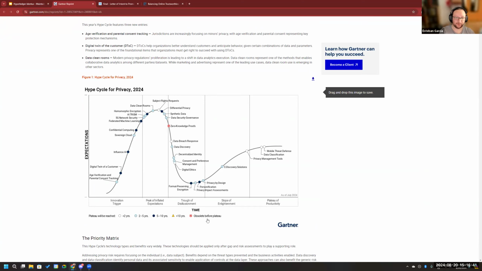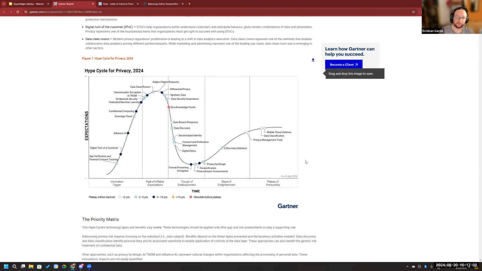That obviously sparked quite a lot of conversations on LinkedIn, with the heavy hitters in SSI, people like Sam Smith and Timothy Ruff, making interesting comments about this viewpoint from Gartner.